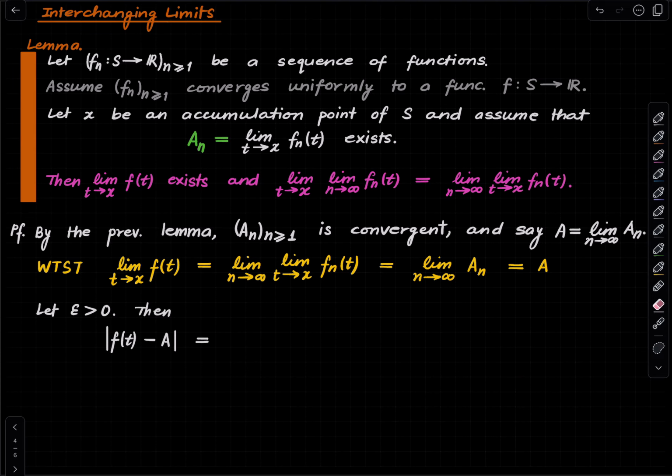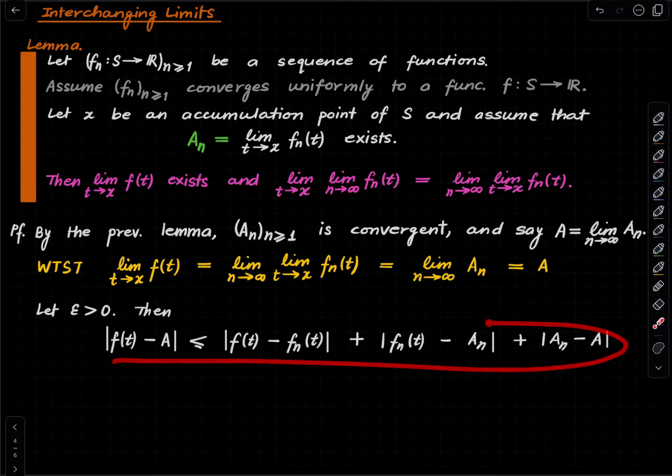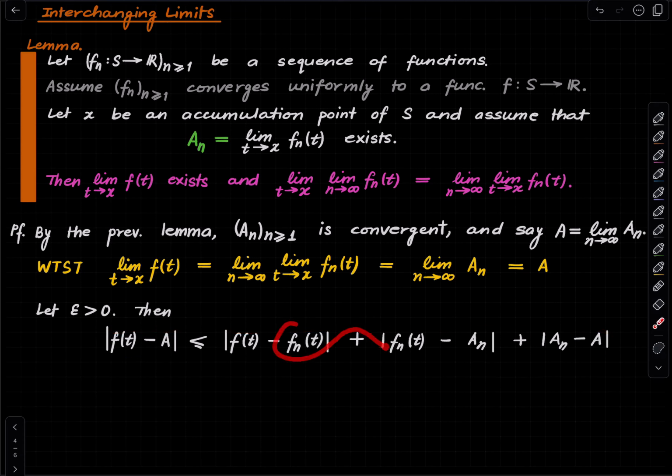By triangle inequality, this is estimated by the following. This is immediate from the triangle inequality. These terms are kind of extraneous dummy terms, but breaking the difference in this way helps us estimate.